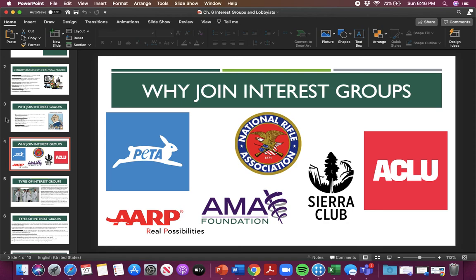The ACLU, the American Civil Liberties Union, they are a group of legal professionals that advocate for your civil liberties. And if they believe that government, whether it's the federal government or state governments, are acting against the civil liberties of American citizens, they will use their team of attorneys to file court cases.